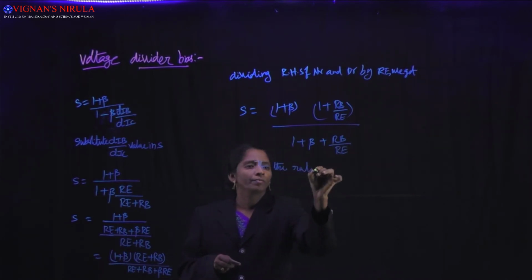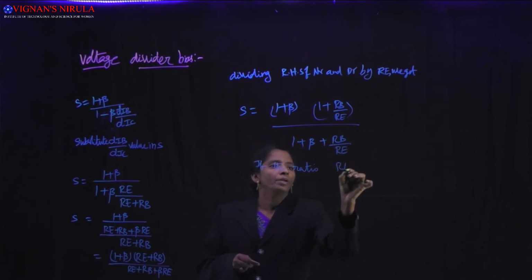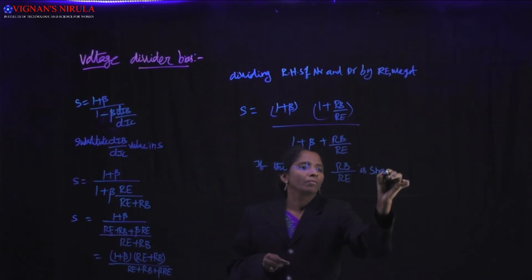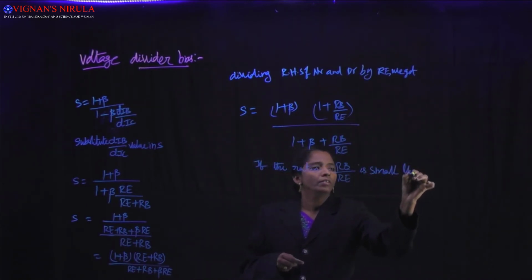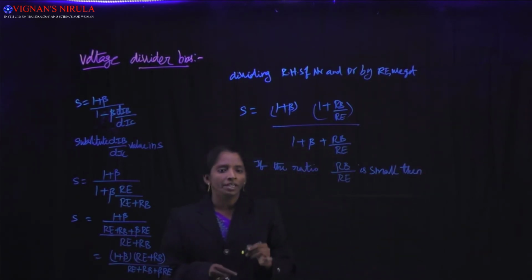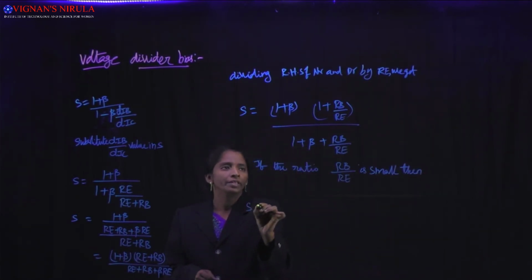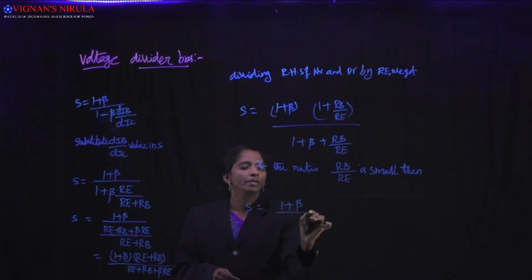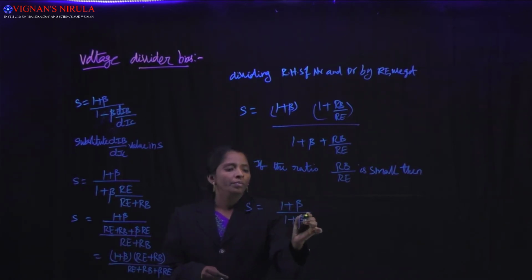If the ratio RB divided by RE is small, then the stability factor will become S equal to 1 plus beta divided by 1 plus beta. 1 plus beta, 1 plus beta gets cancelled, then we are getting stability factor equal to 1.